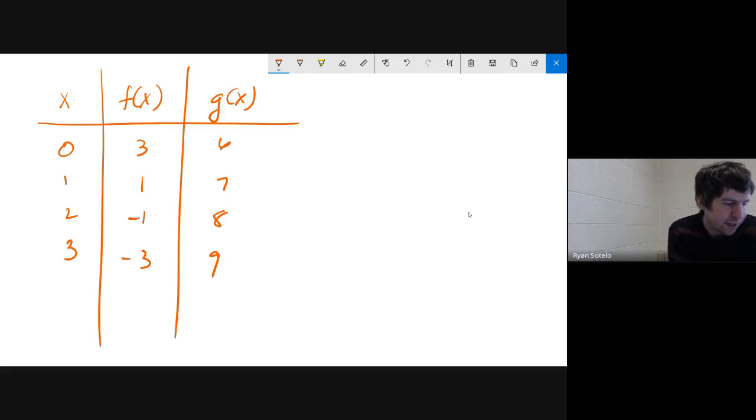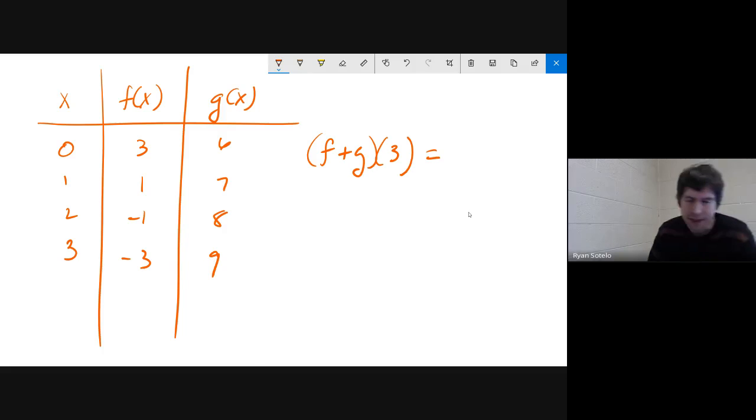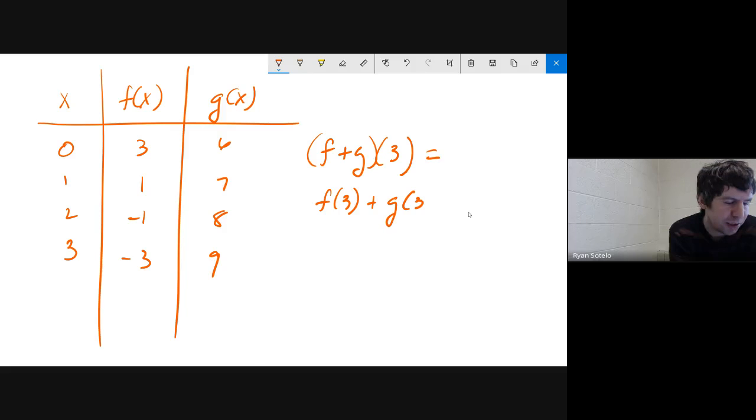And they may say, okay, what is f plus g at 3? So again, that is just f of 3 plus g of 3. And so f of 3, if I look at 3, is negative 3. And then I add to that whatever g at 3 is, which is 9.